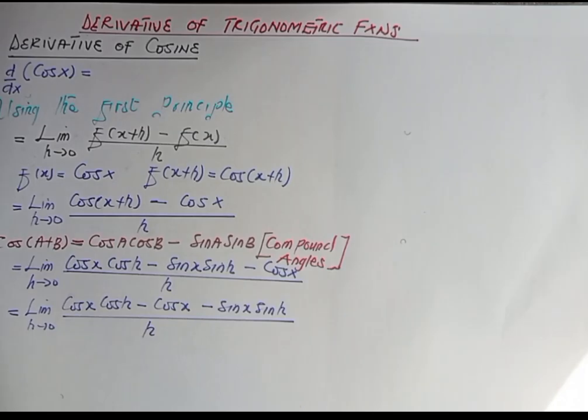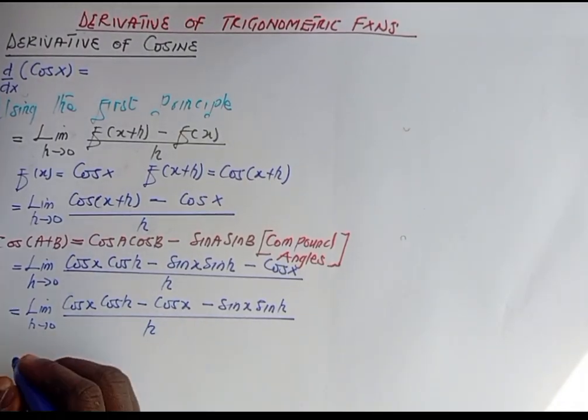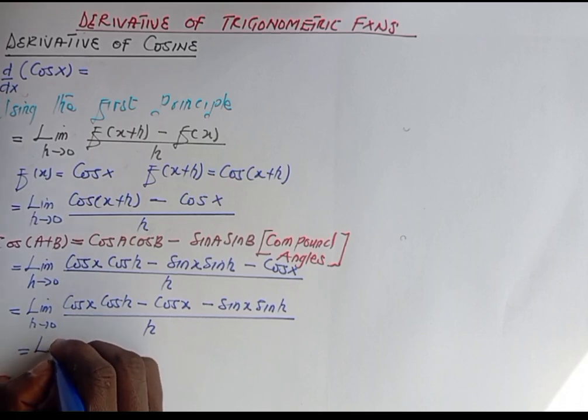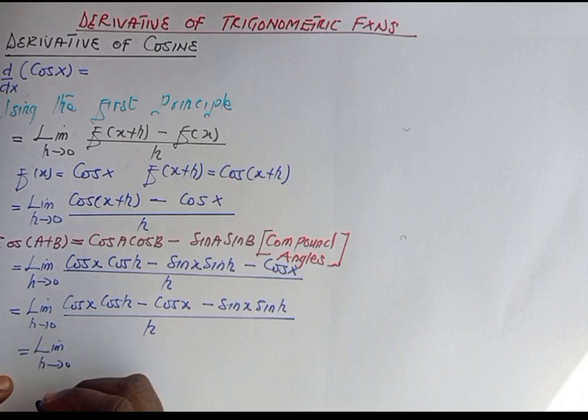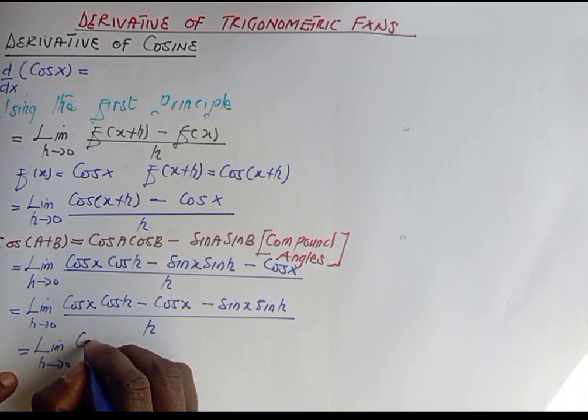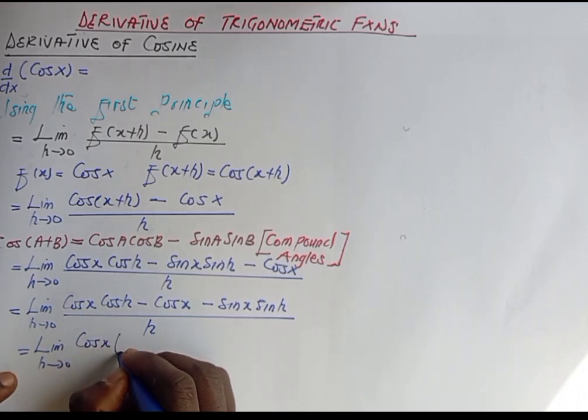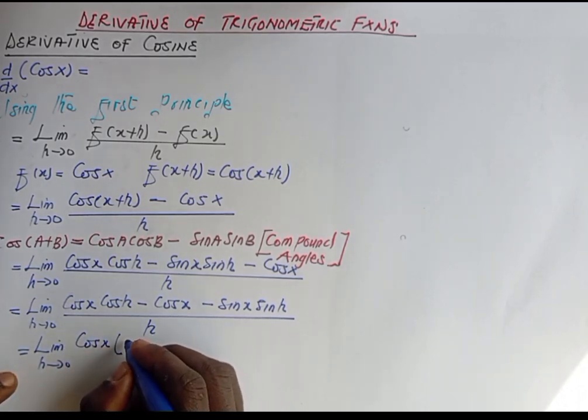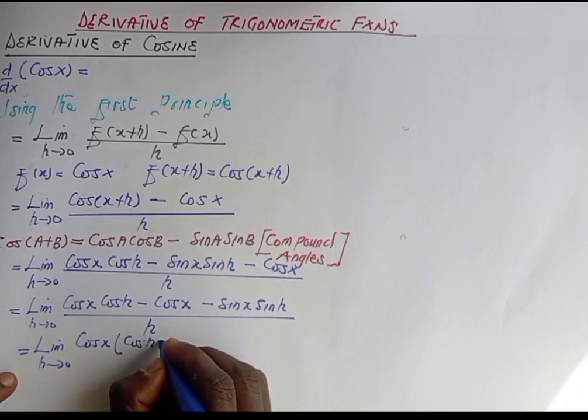So we can see we have cos x here, so we can factorize it out. So we are going to get the limit as h approaches 0 of cos x out. We have cos h minus 1.